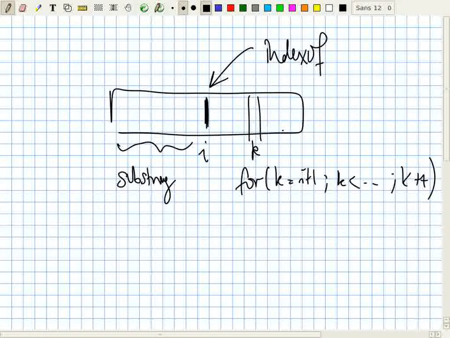It would be nice if Java made that easier, and for whatever reason they don't, but it's not that hard a decision to make. So in this case, I would just say I have a substring here, then I have a substring here, I have a substring here, so 3 times substring, and now I have my 4 pieces. I have the thing before the vertical bar, I have 3 pieces behind, each of them stored in a string variable, and then I just concatenate them in a different order.